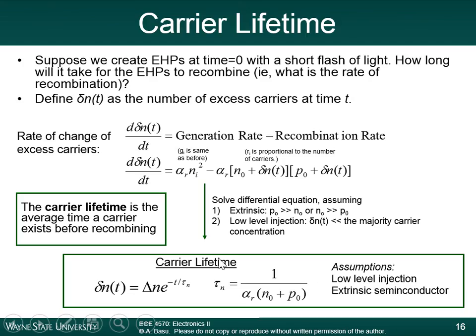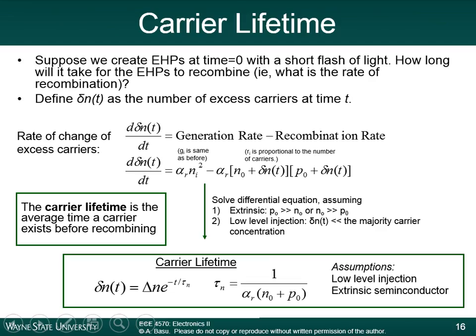So this sets up a differential equation. If you solve this differential equation, we assume a few things. Number one, you have a doped semiconductor, where p0 is much greater than n0, or n0 is much greater than p0. In other words, you have an n-type or a p-type semiconductor. That's the first assumption. The second assumption is that you have low-level injection. We'll talk more about that in the next class.